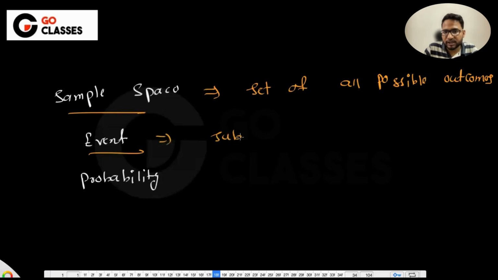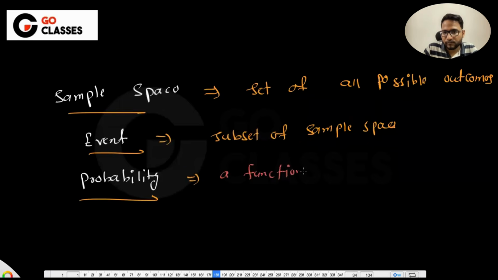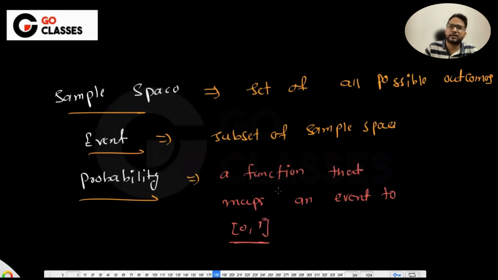It is some subset of the sample space. What is the probability? It is a function that maps an event to [0, 1]. This is just a mathematical definition, but that's okay.